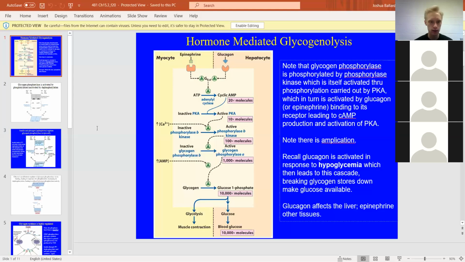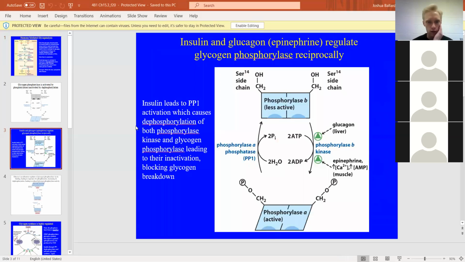I guess, what is it that dephosphorylates it? Oh, I see, the name of that? Yeah. I'm not sure. I think it's on the next slide. With the phosphorylase phosphatase. That one?